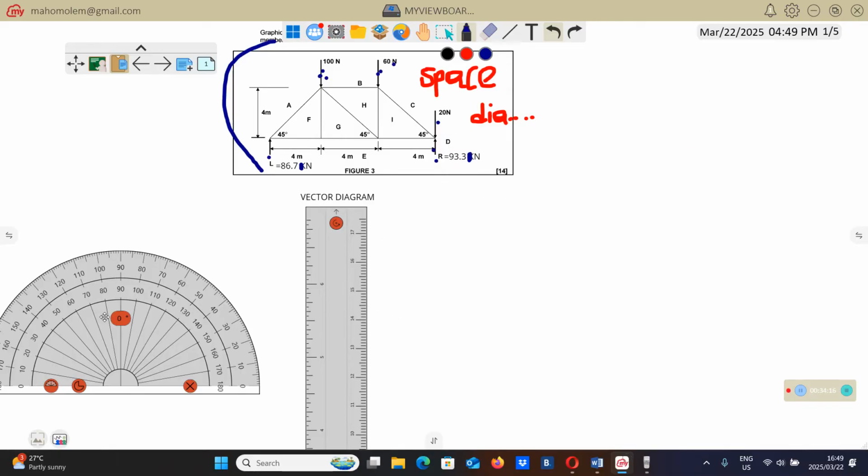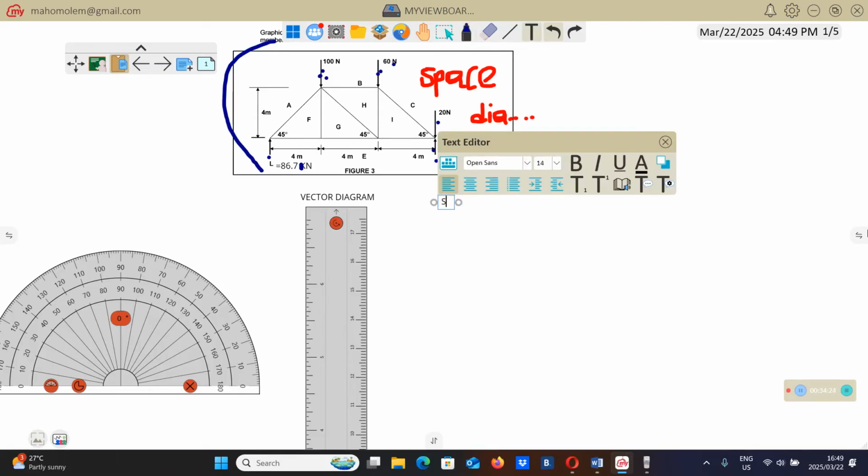Before you draw here as well, you have to choose the scale. When you choose the scale, keep this in mind. The sketch that you will have to produce at the end of the day must be big enough.